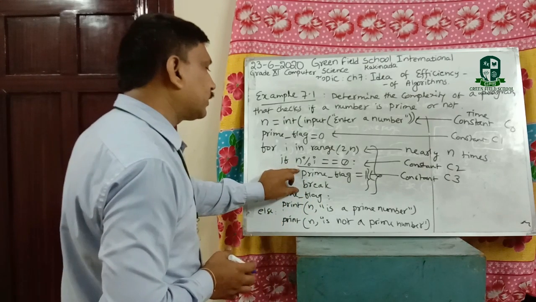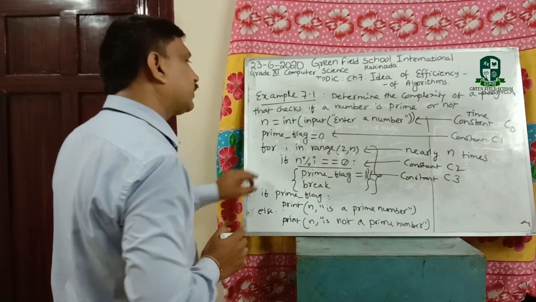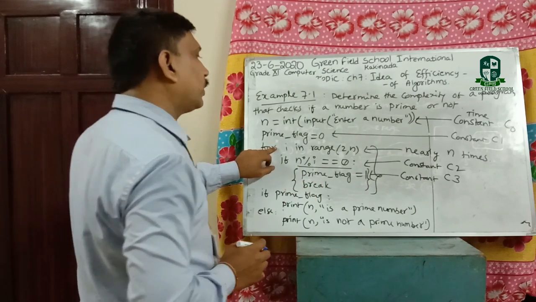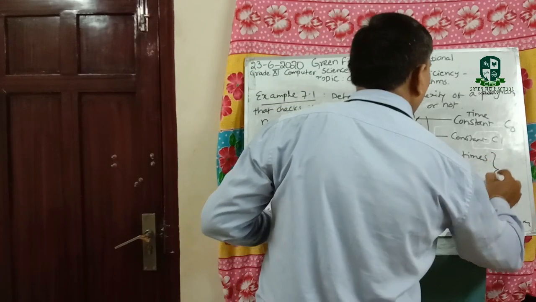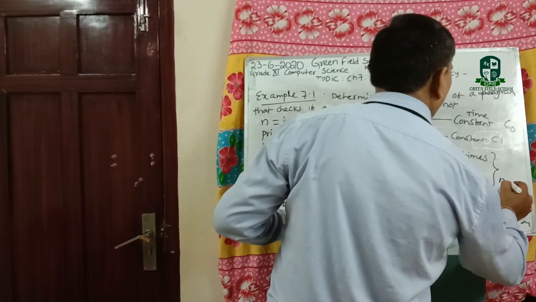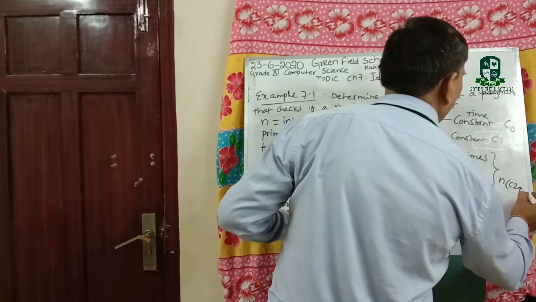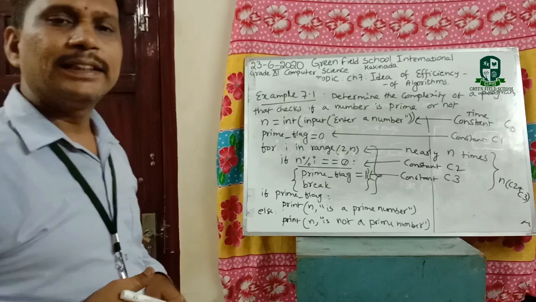We consider this one as C3, this one as C2, and the loop runs nearly n times. So the total for the for loop to complete is n into C2 plus C3.